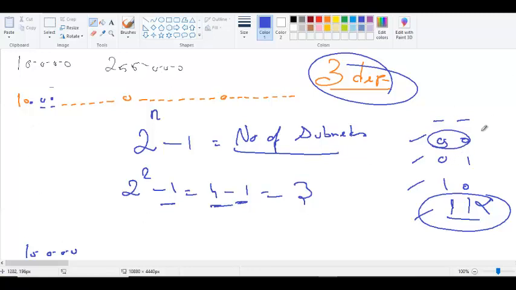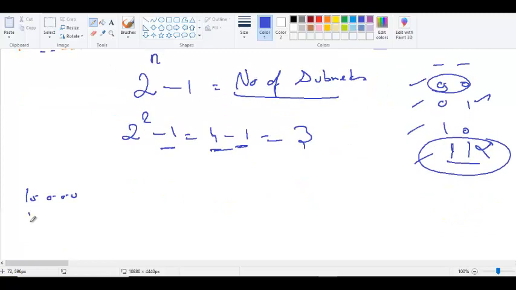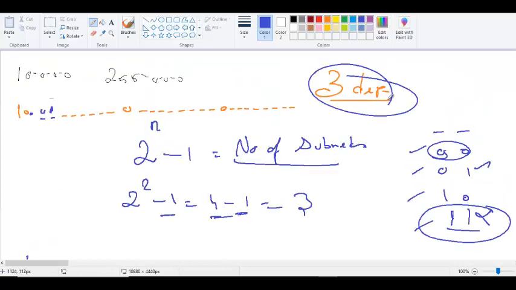Now let me apply this one, 0, 1. 10.64.0.0. You know why 64? This place is 1. Please try to recall yesterday's syllabus. If this bit is 1, the face value is 64.